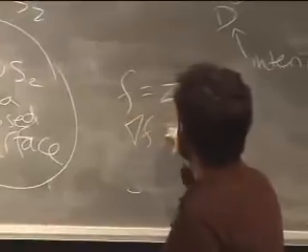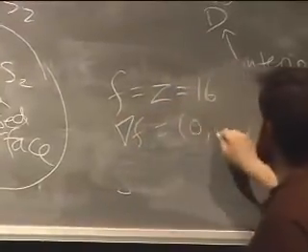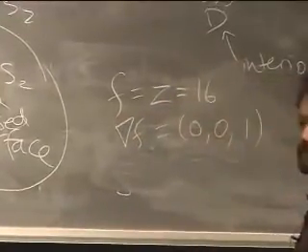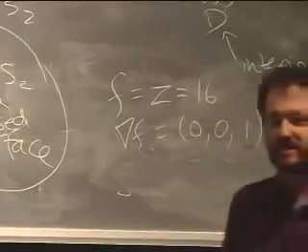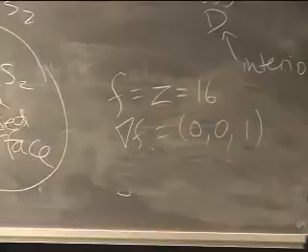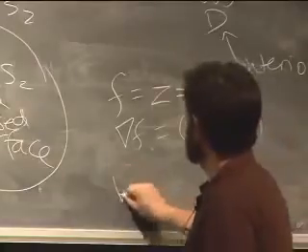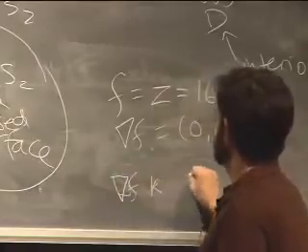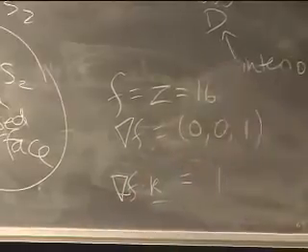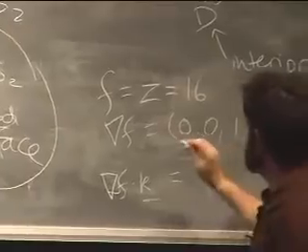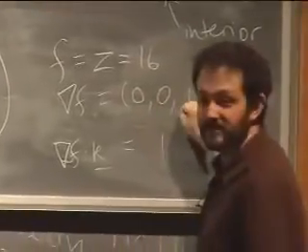The gradient of f is derivative x is 0, derivative y is 0, and derivative of z is 1. And then that happens to have length 1 already, so you don't even need to divide it. The k coordinate is 1 as well. So when you just take the length over it, the d sigma is just 1.